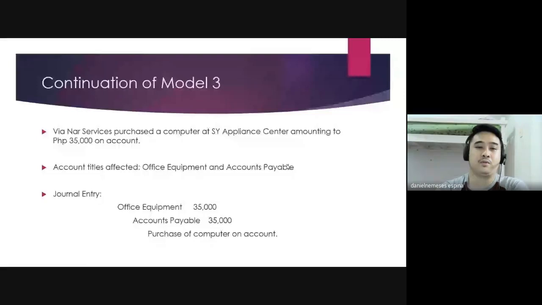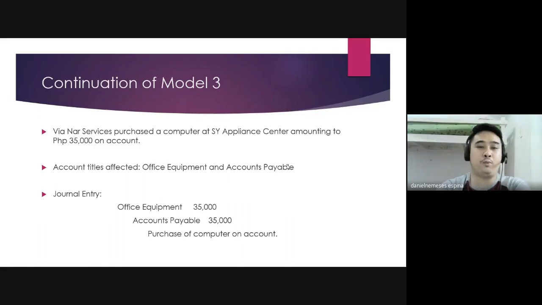Okay? So you have to analyze the transaction to see what role the business plays. Is it the one who will pay or the one who will collect? So if it is on account, it is always either a receivable or a payable. But the question is, will you receive or will you pay? If you will receive, it is an accounts receivable. But if you are the one who will pay, then it is a payable. Okay?